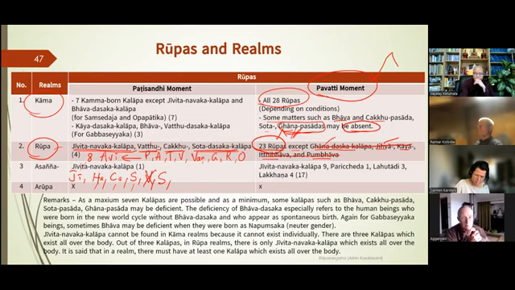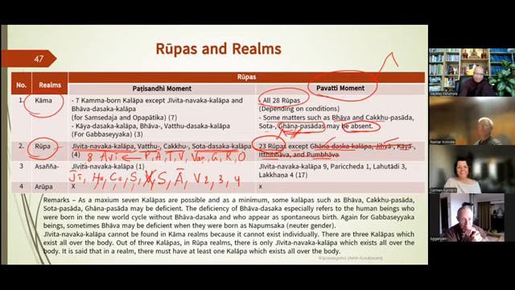What are the next? They are Jivita. So Akasa Dhatu, one. And two Vinnatti. And Vikara, three. And four Lakkhana rupas. So how many?